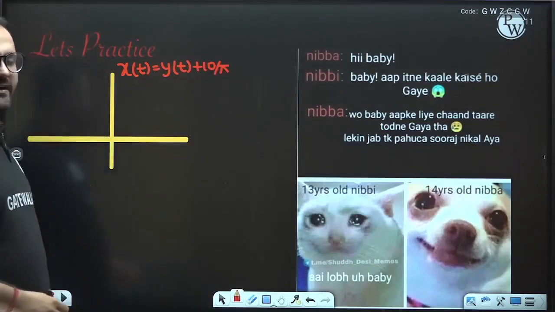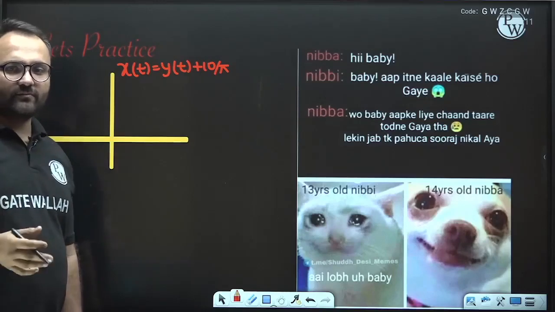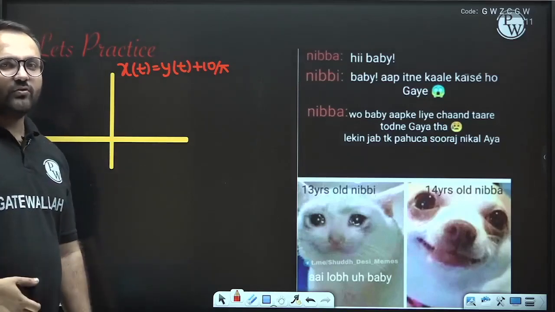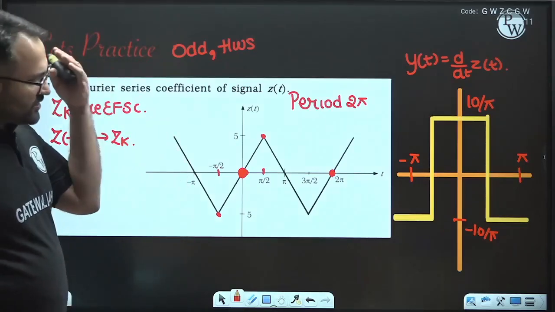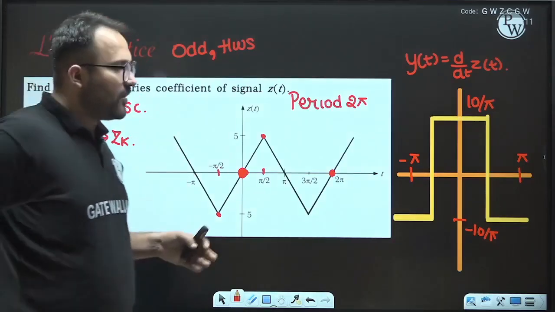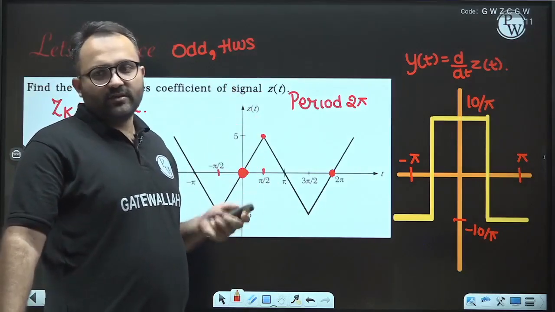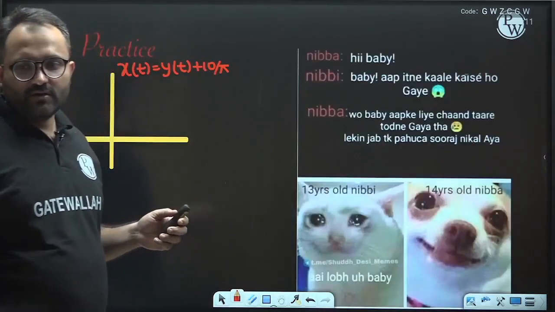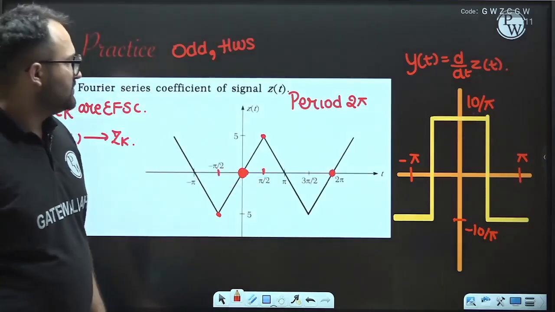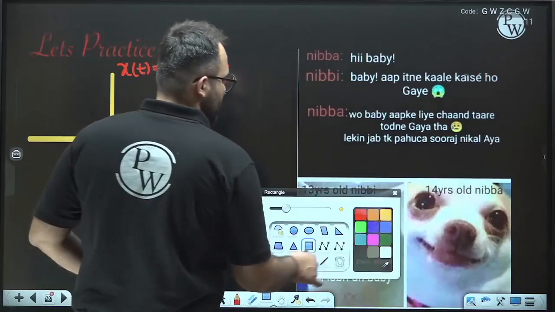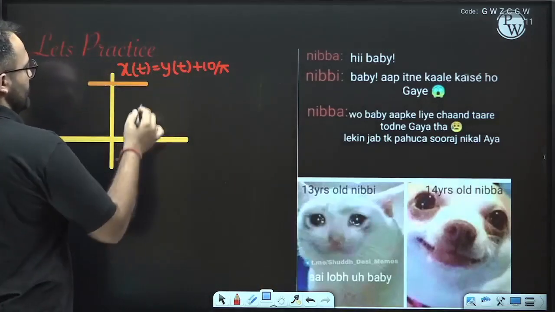When we add a dc, it affects only the coefficient at 0, no other coefficient. Since we are not worried about the coefficient at k equal to 0, because we can easily find z0, there is no worry about it. We add 10 upon pi here, so we get 20 upon pi.